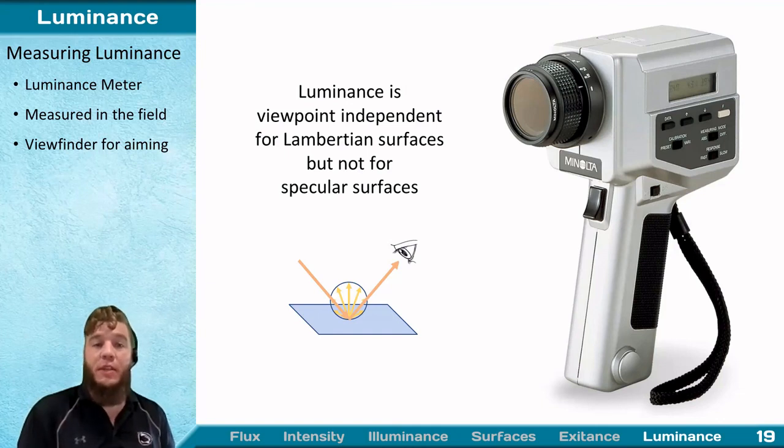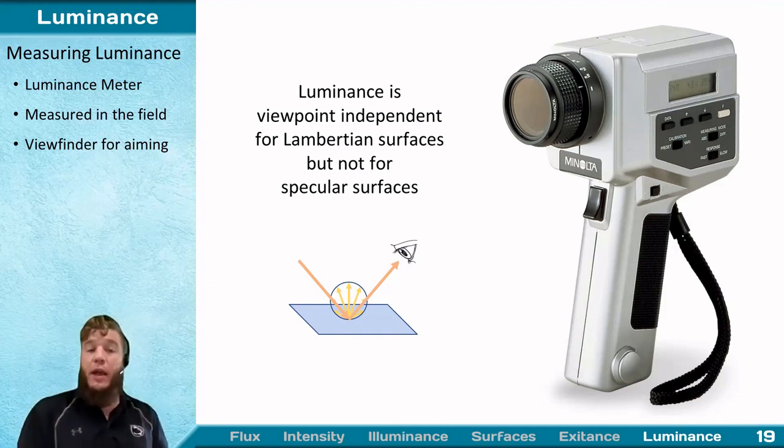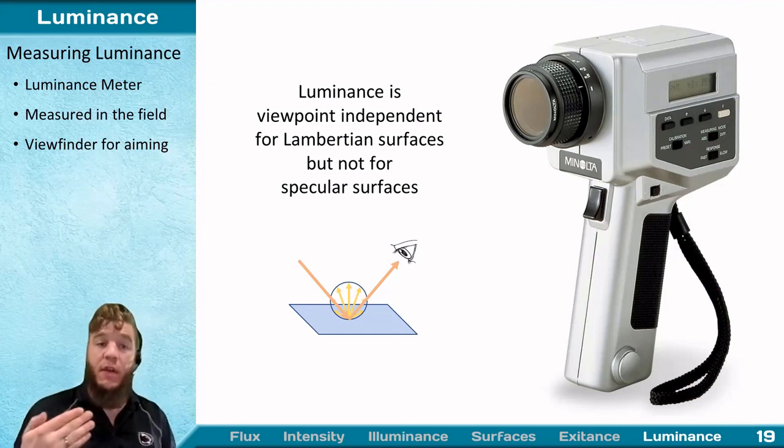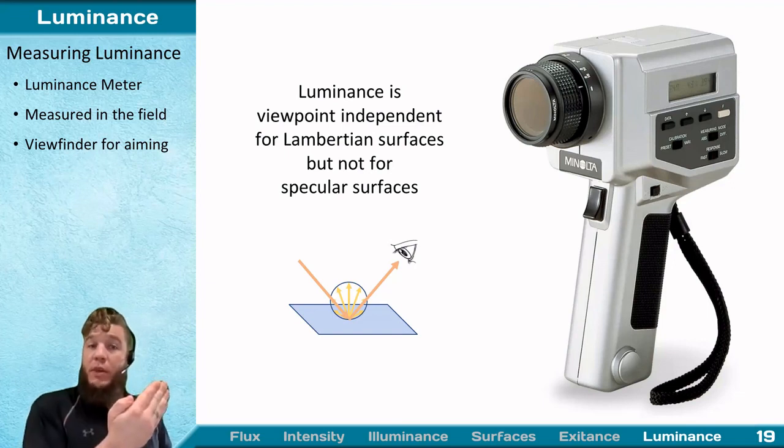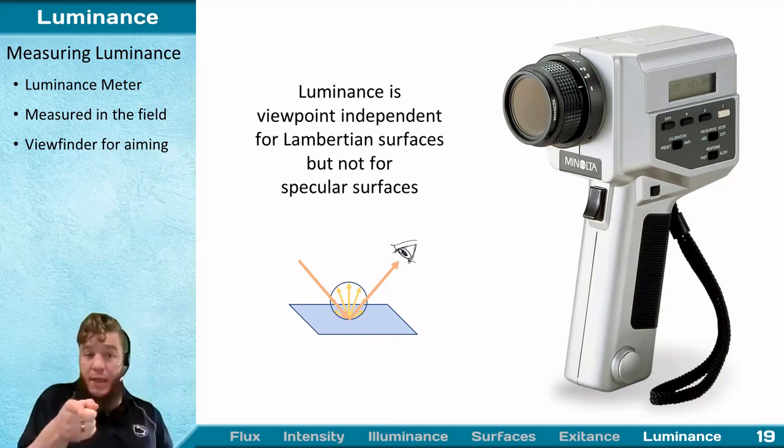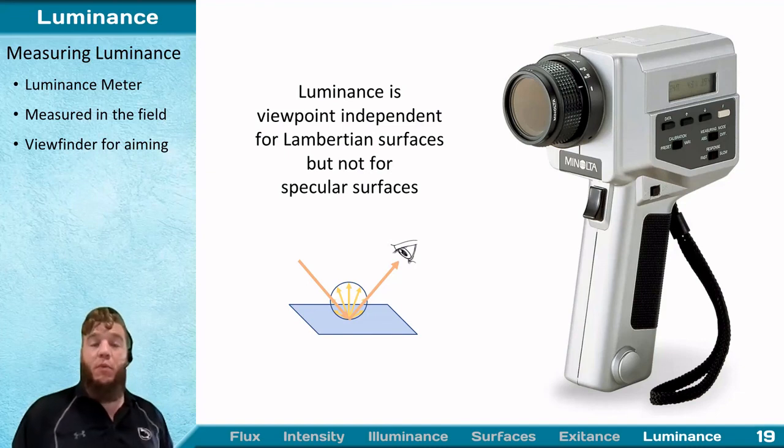So you're going to measure this in the field. And unlike the illuminance meter, where you had a cosine sensor and you just needed to set that on the surface, luminance meters come with a viewfinder because you need to aim this in a particular direction to get a specific value. So it does matter the direction you point this device, because that'll change your value for luminance.